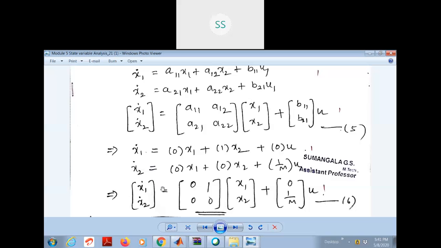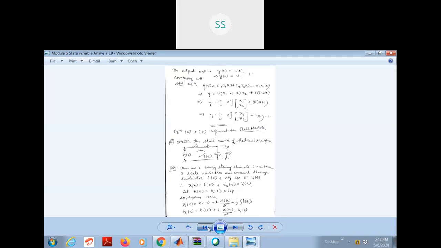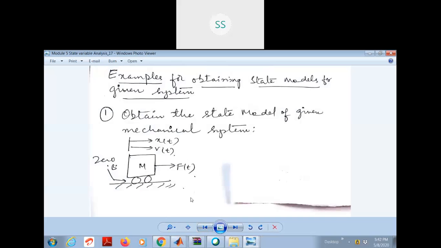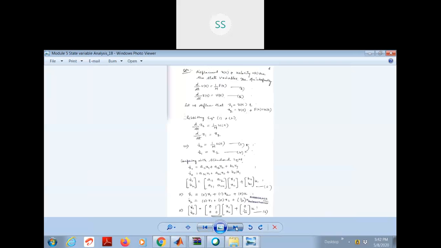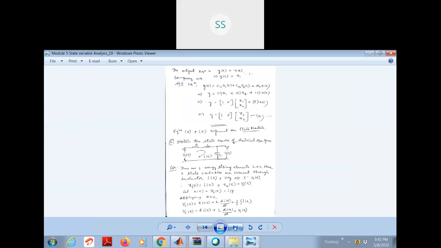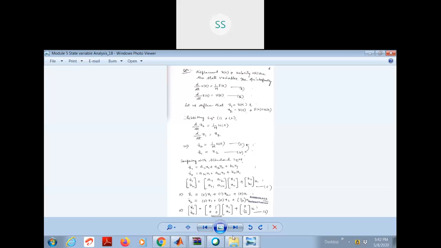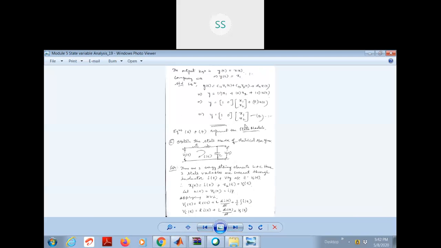Together they represent the state model for the given mechanical system. For this mechanical system, equations 6 and 7 are the state model. We'll discuss some more examples related to this.